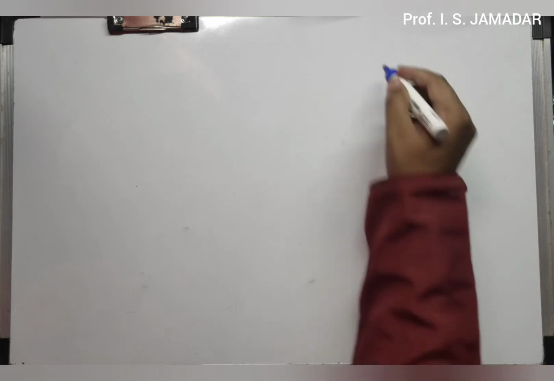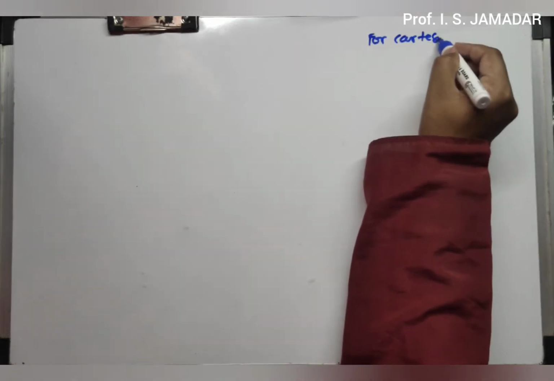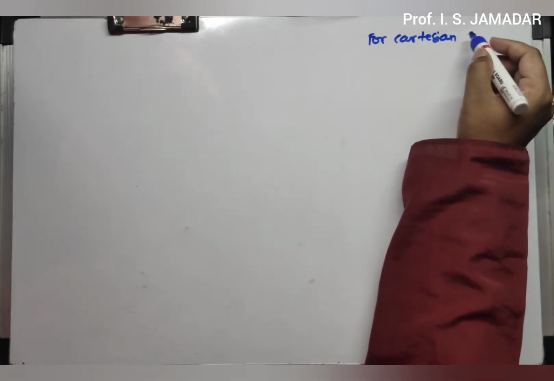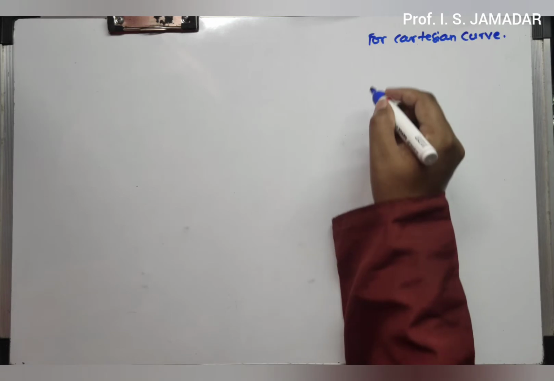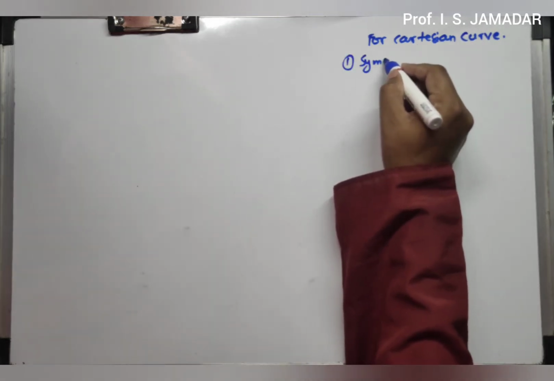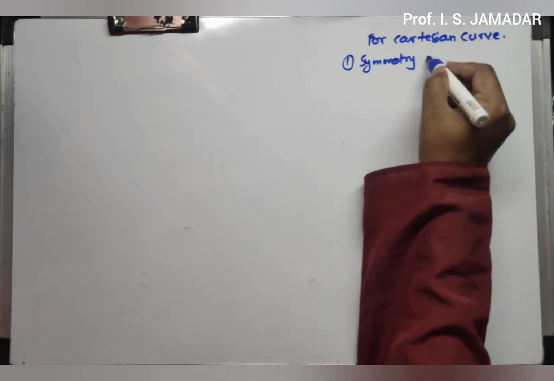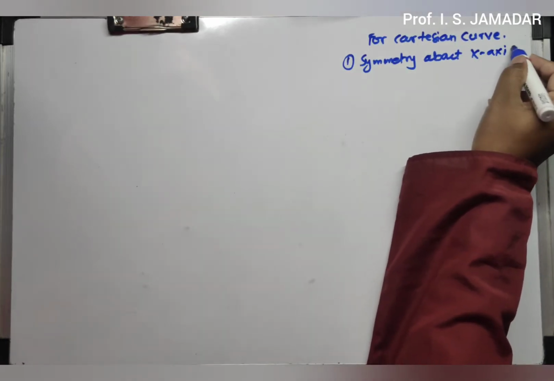So for Cartesian curve, if the equation of curve is given in Cartesian form, that means in x and y form, first we have the rule for symmetry about x-axis.